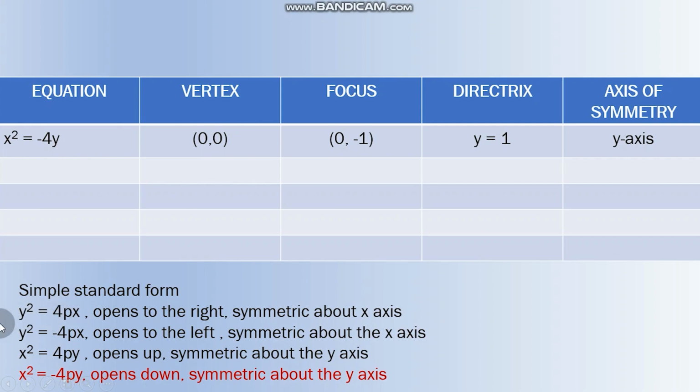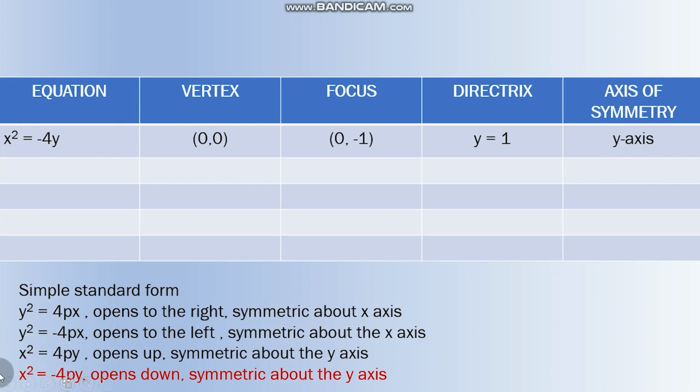Okay? So, from here, you can see na kapag y yung nasa left side at saka positive yung 4, the parabola opens to the right. So, parang papaganon yung korte niya. Okay? And it is symmetric about the x-axis, kasi itong lahat ng ito, walang mga number na katabi yung mga x's or yung y's natin. Itong lahat ng ito ay nandoon sa origin ang kanyang vertex.